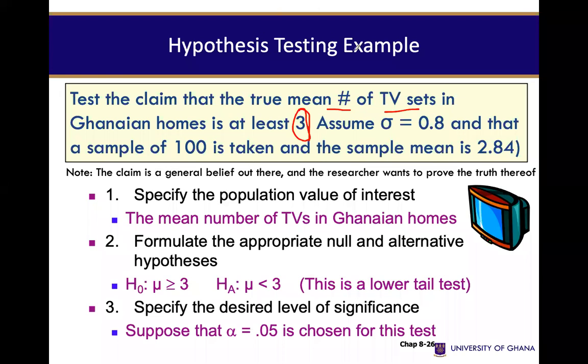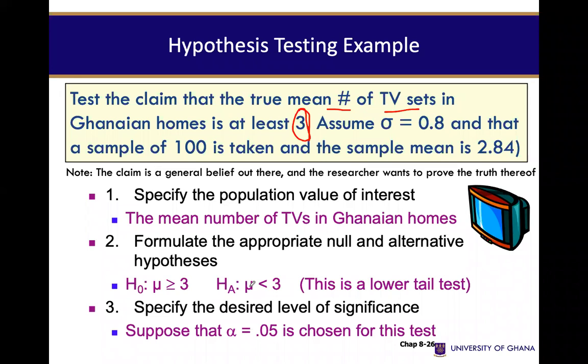Okay, so what is the parameter of interest that we are looking at here? I know it is written here, but I just want you to assume the answers are not there. What do you think? The average number of TVs in Ghanaian homes. Exactly.